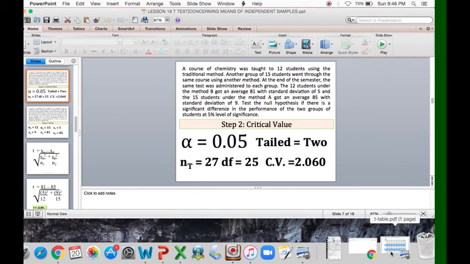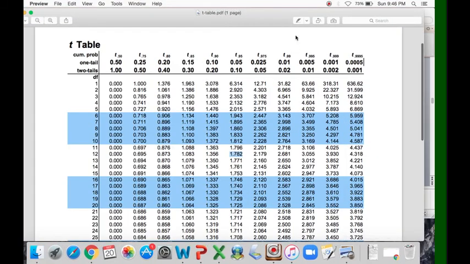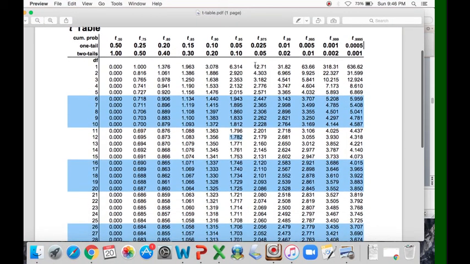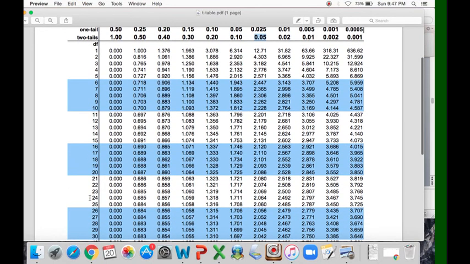So we will use the table. For the given table, we have two-tailed 0.05. Here it's 0.05, okay? So these are the numbers under 0.05, the area. And then we will look for the 25. Okay, 25, here it is.